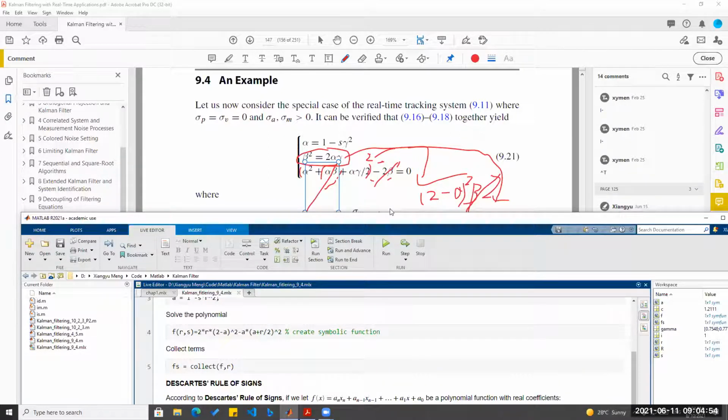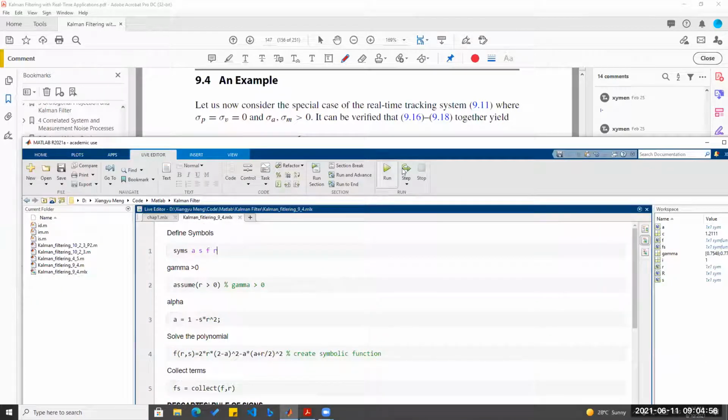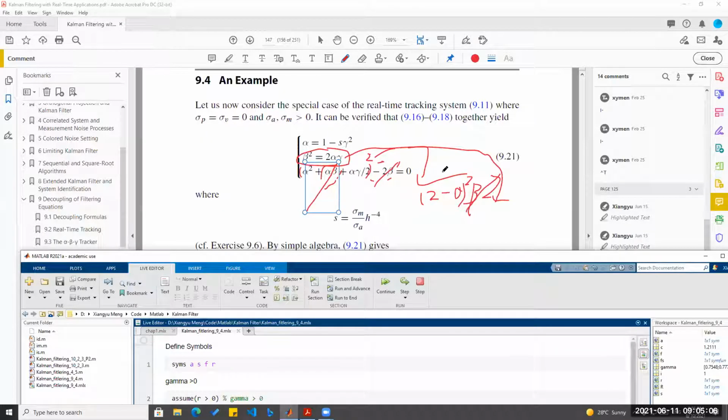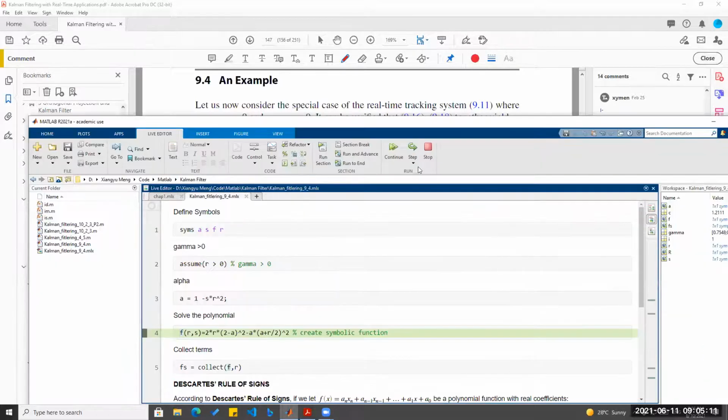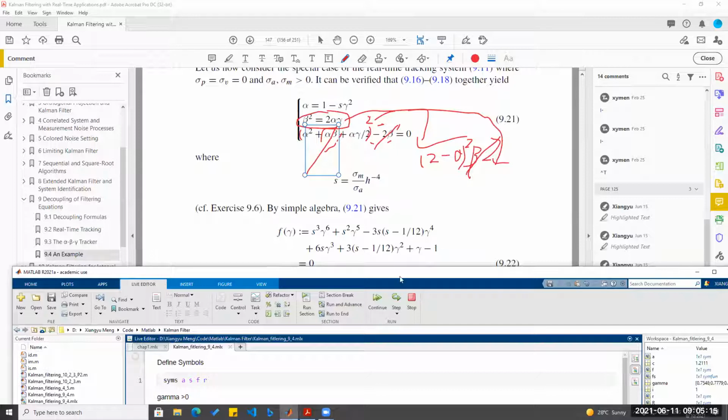You can do it step by step. That is a polynomial. You just move all of them to one side, so you define the expression as a polynomial.